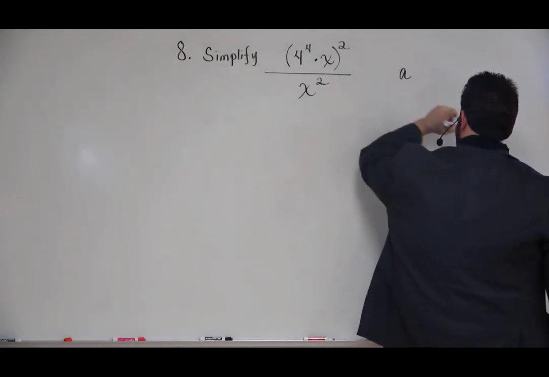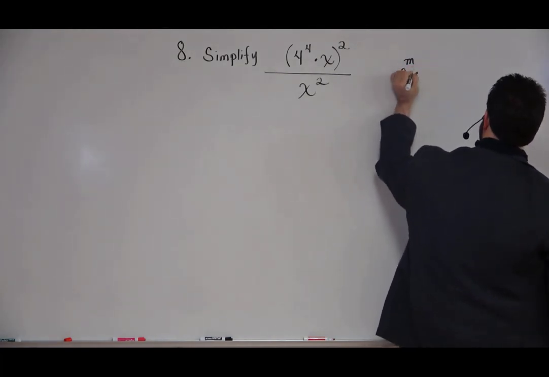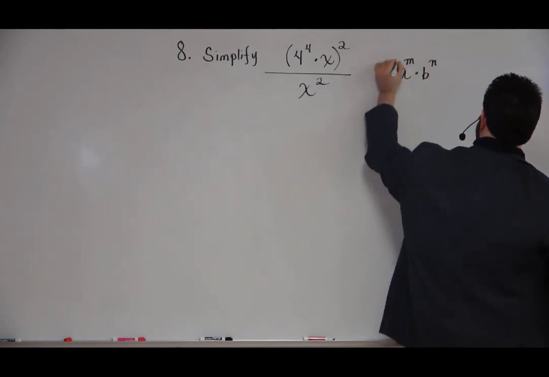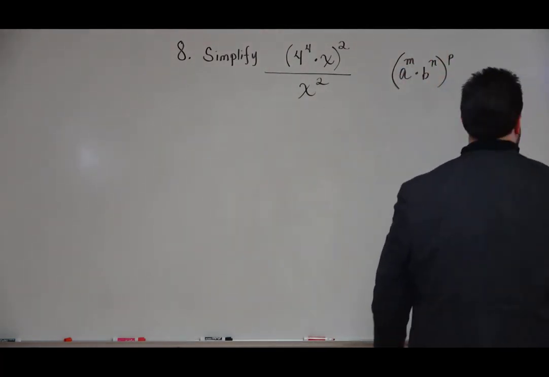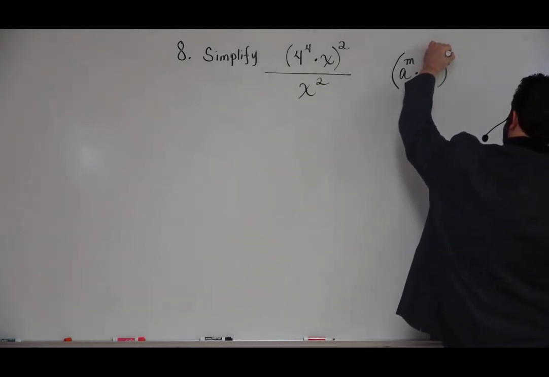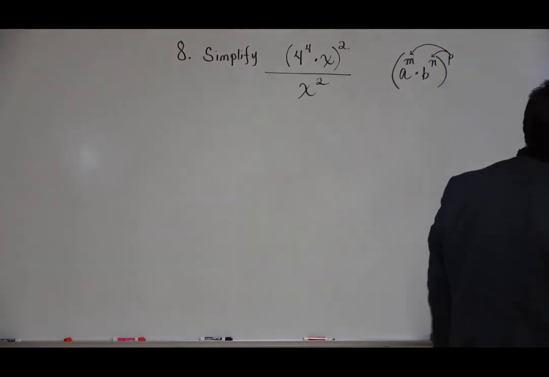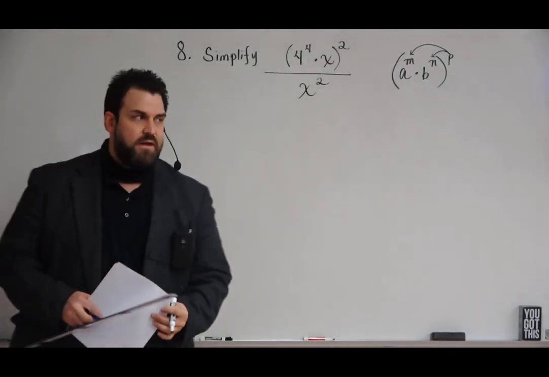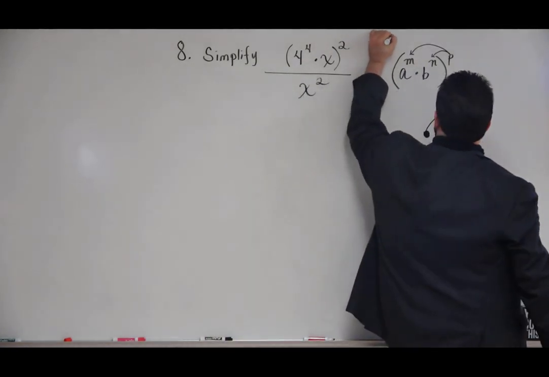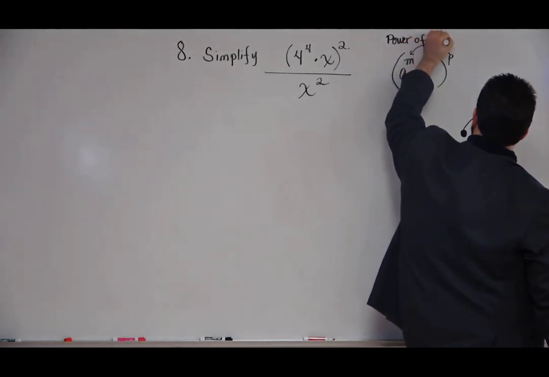If I have a to the m times b to the n, and I've got that whole thing raised to some power p, then what I do is I distribute multiply the outer exponent times each inner exponent, using the distributive property of multiplication. That is the power of a product.